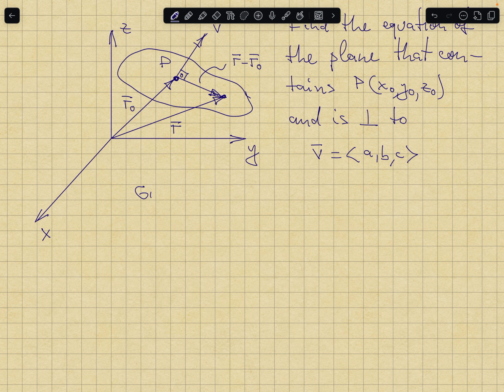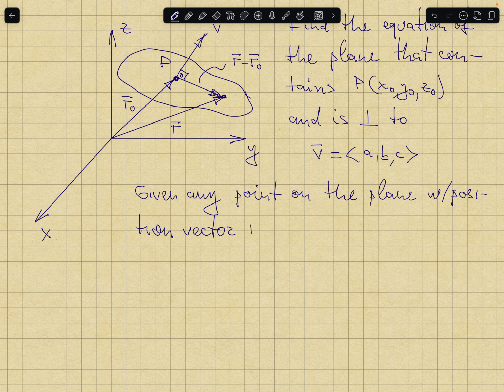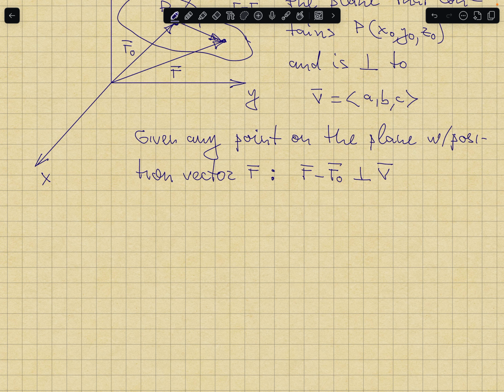So, given any point on the plane with the position vector R, we have that R minus R0 should be orthogonal to V. And then, as we know already, this implies that if I take a dot product of V with R minus R0, this must be 0, scalar 0.